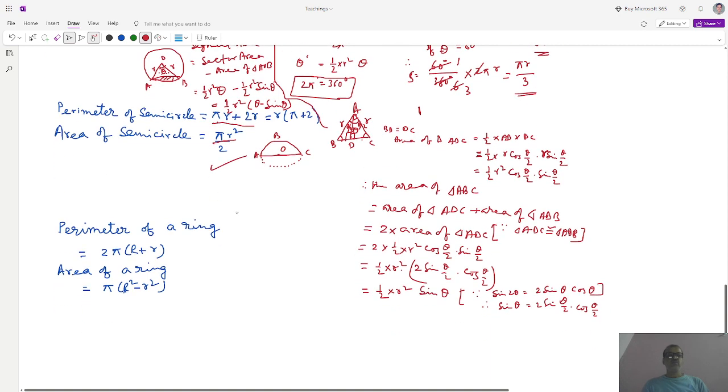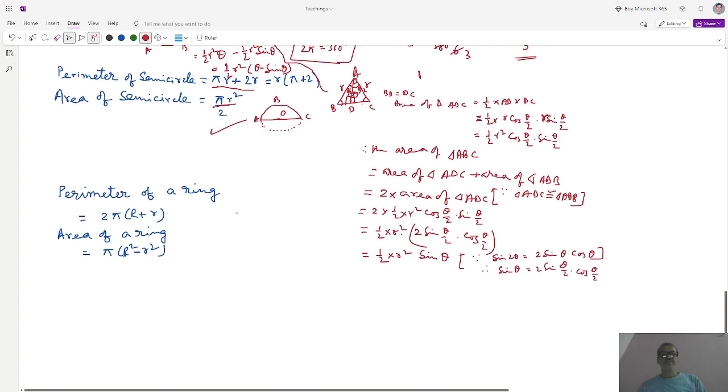Now we come to ring. The diagram of ring will be like that. The shaded area is ring. The ring has an inner radius and an outer radius.